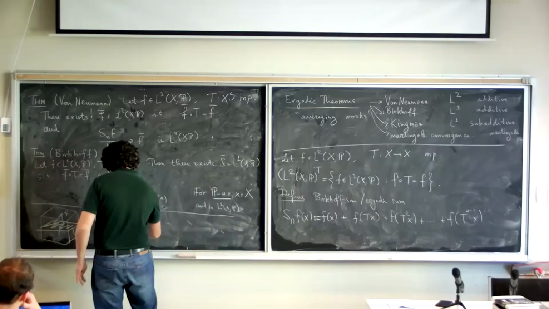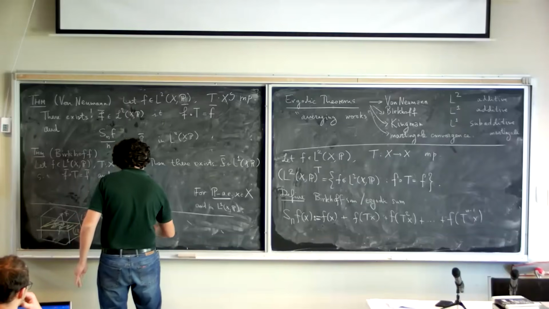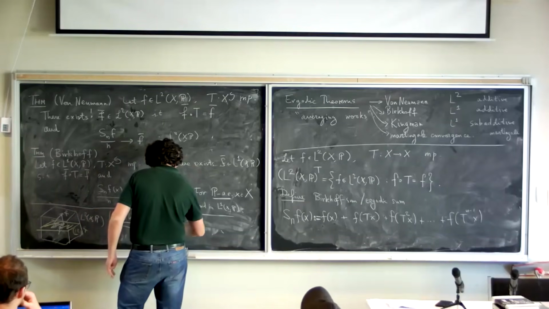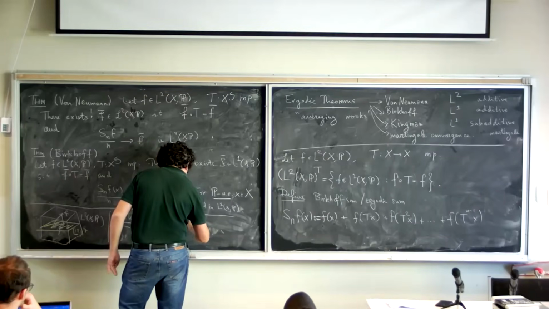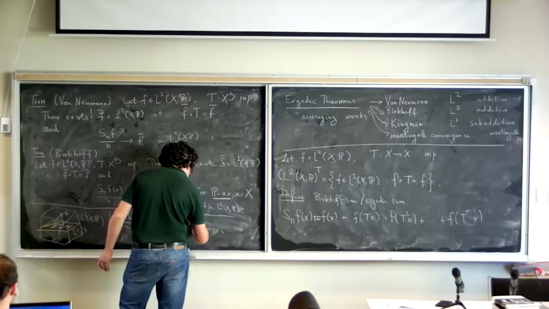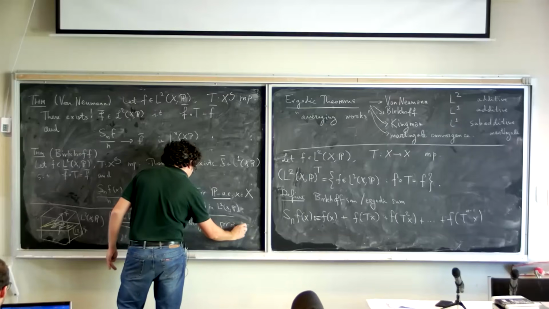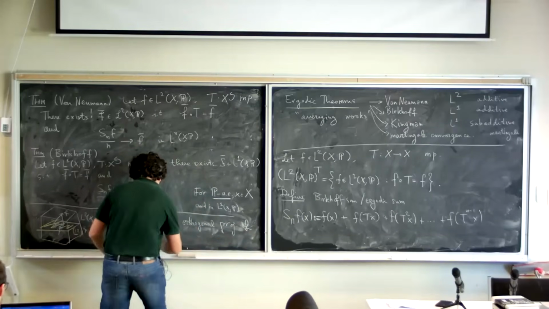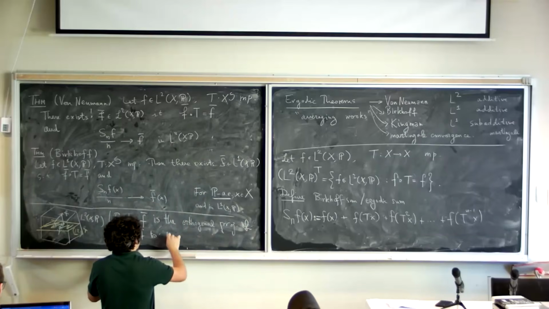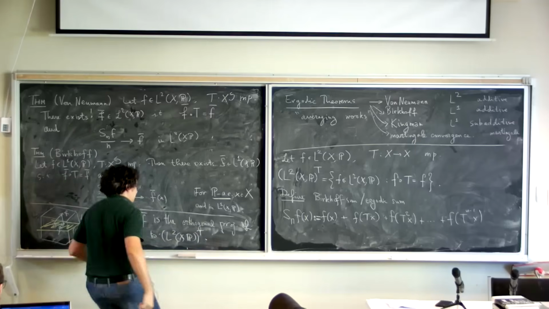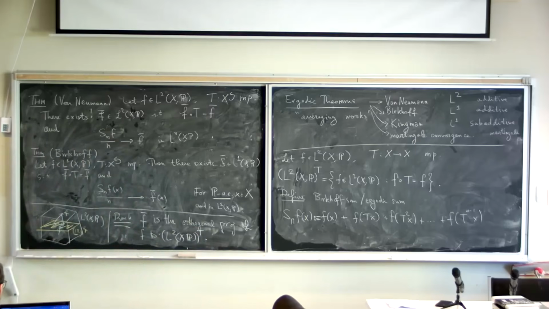So the remark is the following: F bar is the orthogonal projection, so to speak, the closest point projection from F to the space of invariant functions. I think this is a real cool fact.